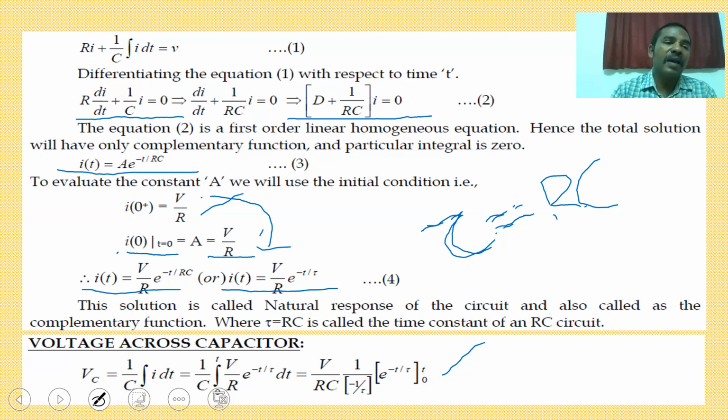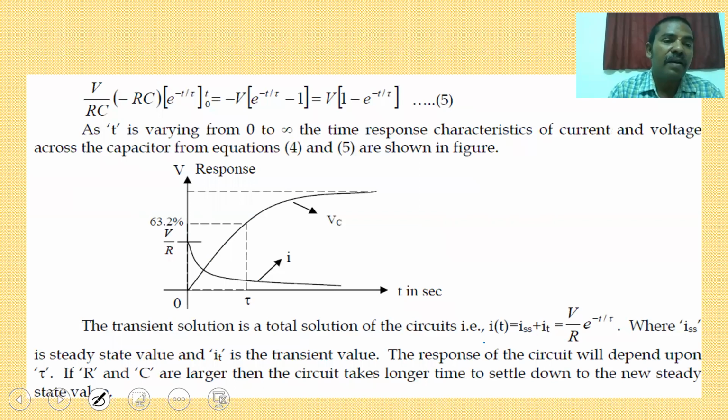Since τ is RC, numerator and denominator RC cancel, so finally −V(e^(−t/τ) − 1). Multiplying the minus, V(1 − e^(−t/τ)). So this is the voltage drop across the capacitor.